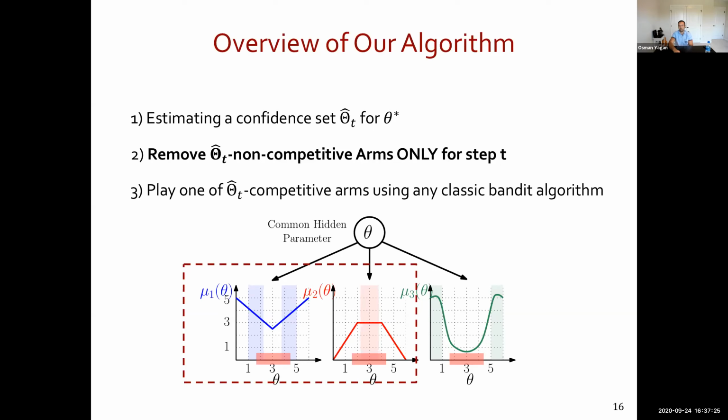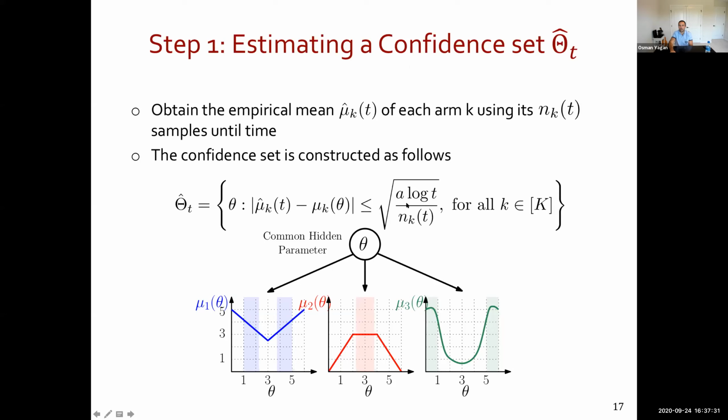The estimation of the confidence set is quite common, leveraging the Chernoff bound. We are using a term like this to look at where theta might be lying with high probability. And again, something you may want to know is that we are using this confidence region as the intersection of different confidence regions you get from all the arms.